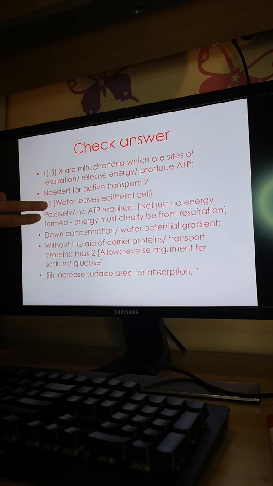For sodium and glucose, the idea that it would require active transport, so there would be some ATP required, would be down a concentration gradient, but then obviously would be up a concentration gradient as well. So the final one then is the microvilli to increase surface area for absorption.